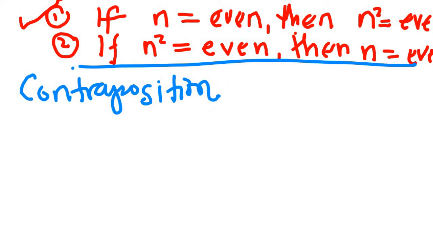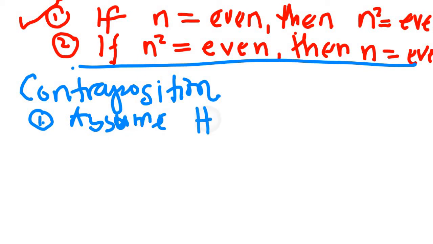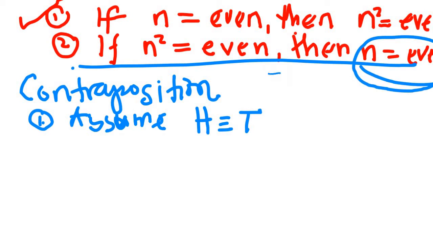So with contraposition, first we're going to assume that the hypothesis is true. But the hypothesis this time around is the not of Q. So this is the hypothesis, which will be n as an odd number.